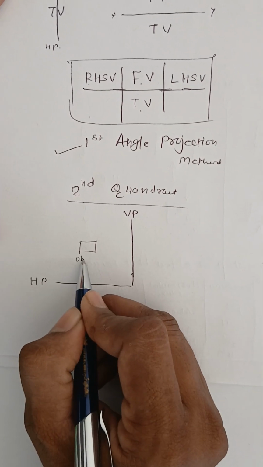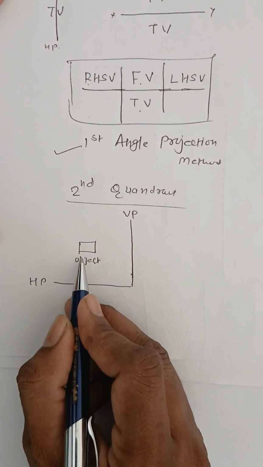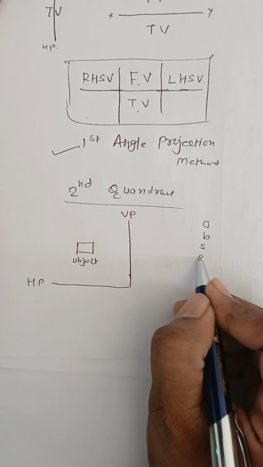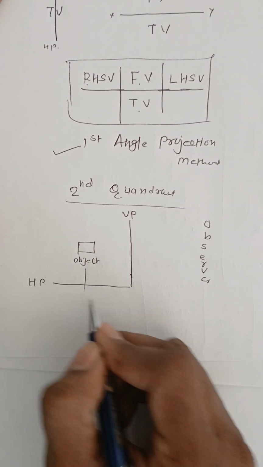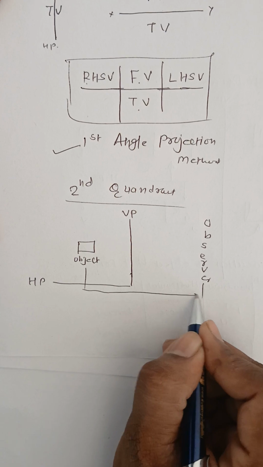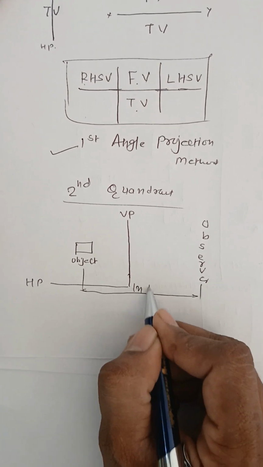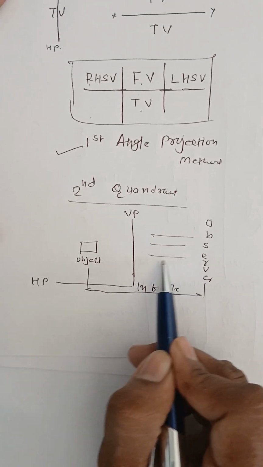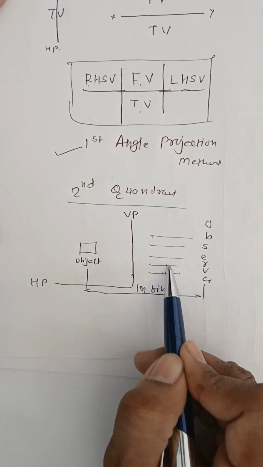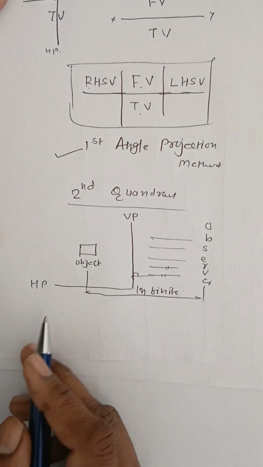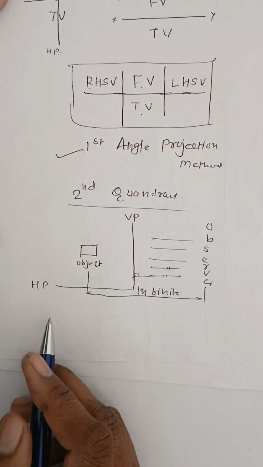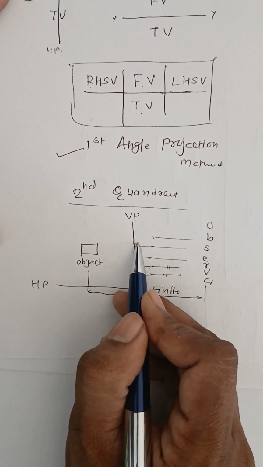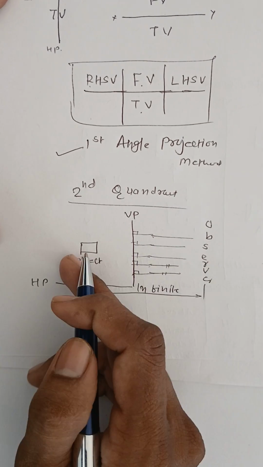Observer will be at infinite distance from the object. This distance is infinite. The rays from the observer are parallel with each other and perpendicular to the plane of projection, right?